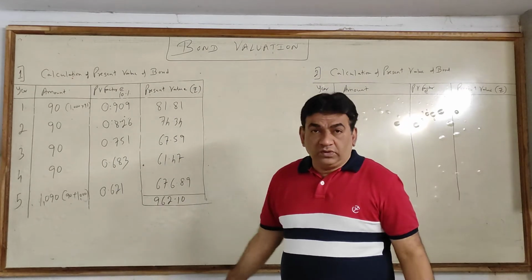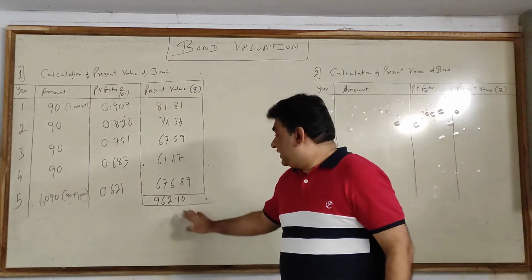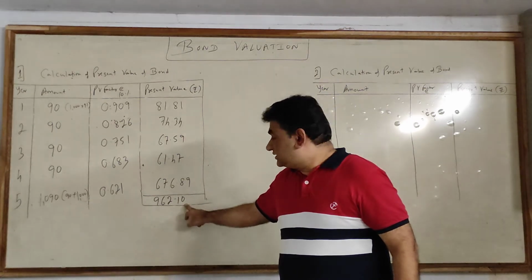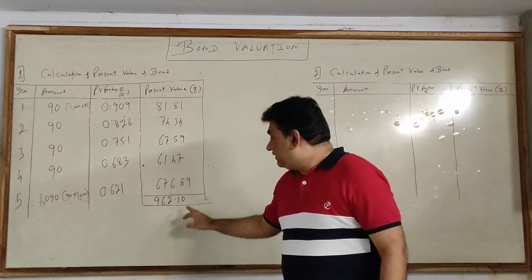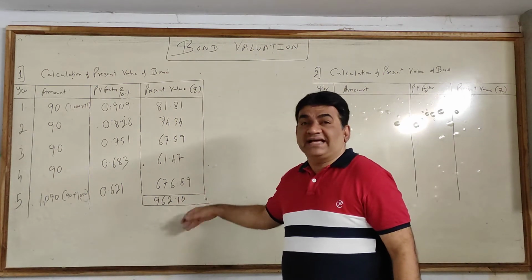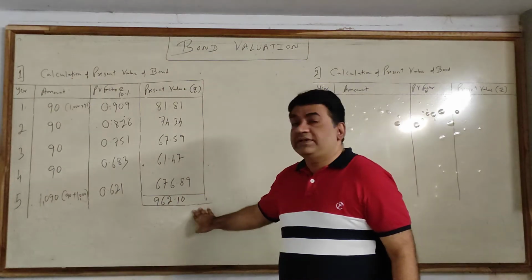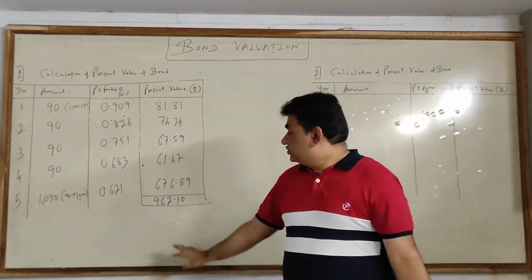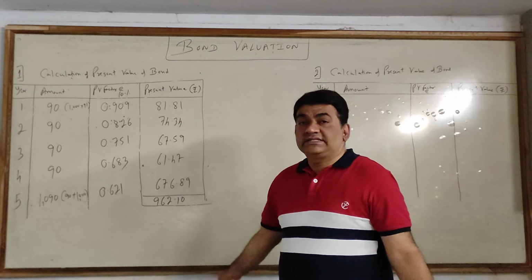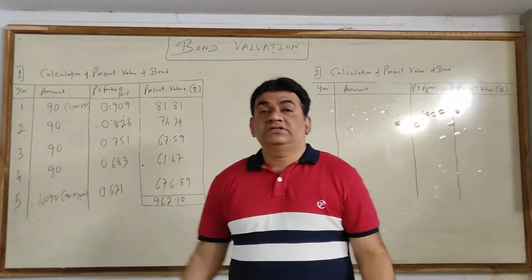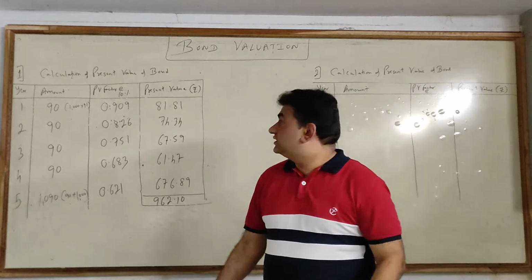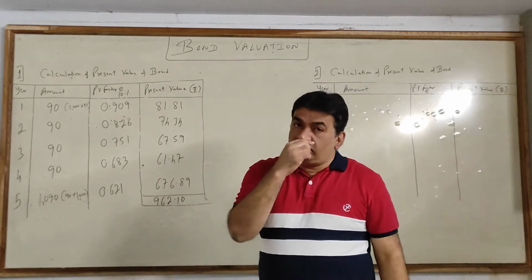If it is available at a price of 962.10 or less, buy it, it's worth buying. And if it is available in the market at a higher price, then it is expensive, ignore it. So the present value of this bond is 962.10.